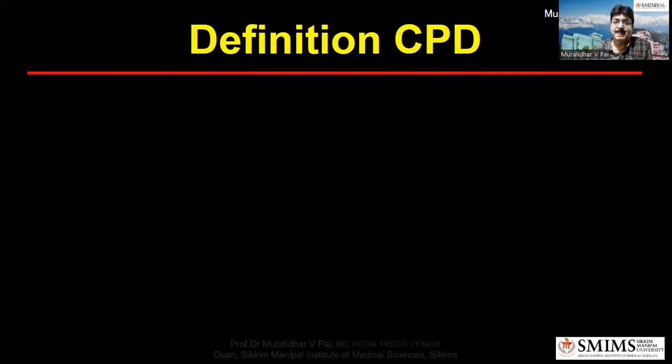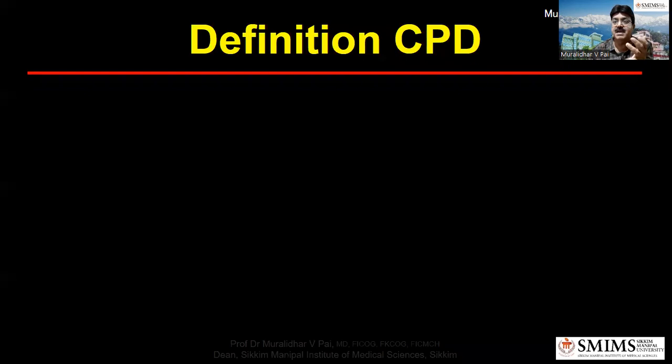Yes, a gynecoid pelvis is a conducive pelvis for vaginal delivery, but that also can have CPD if the given baby is bigger. That's why CPD simply means cephalopelvic disproportion.